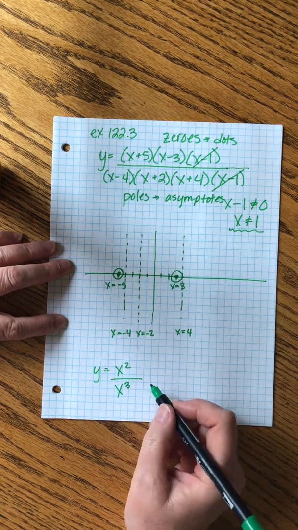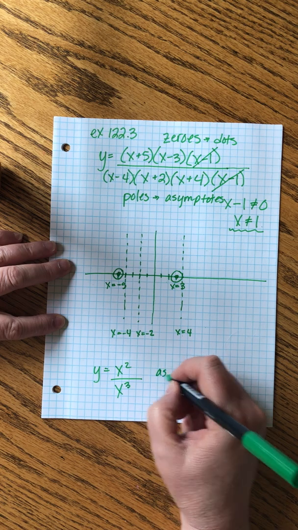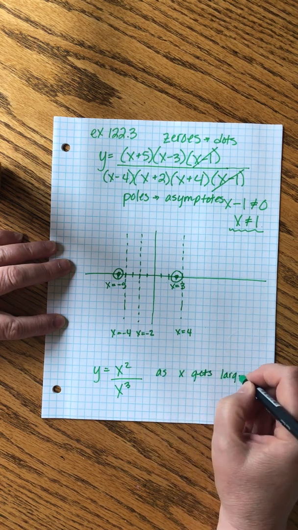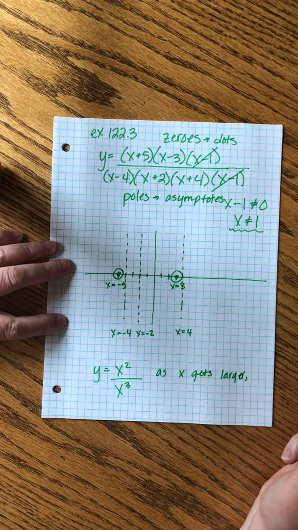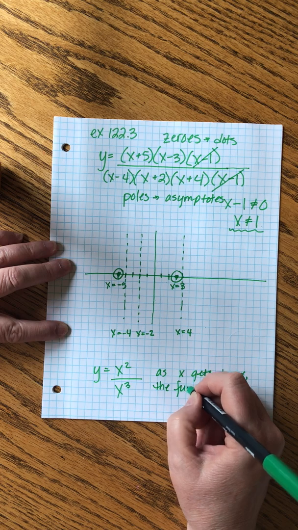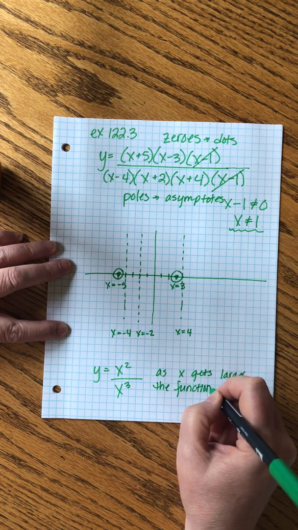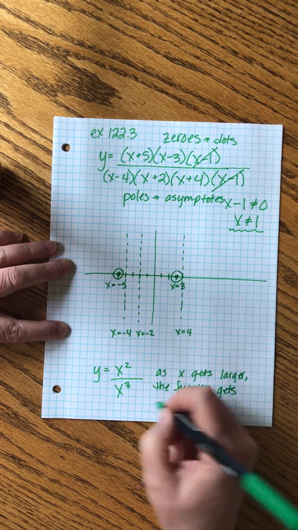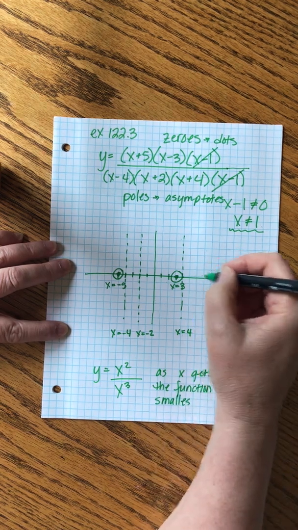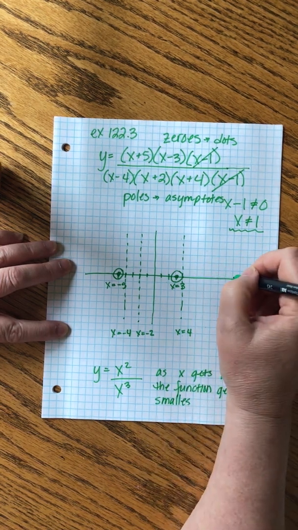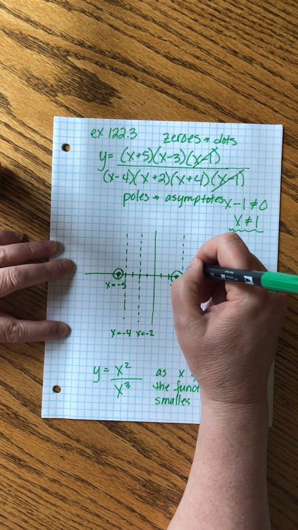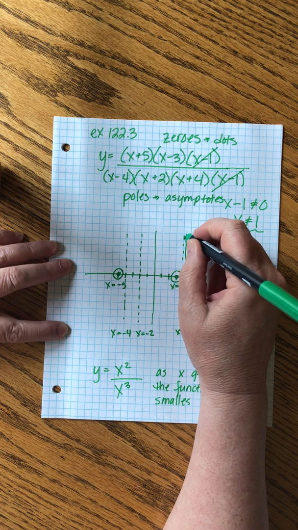So again, as x gets larger, the function gets smaller. So we're going to have that same horizontal asymptote that's going to work like this. But then as we go here, it will go up.